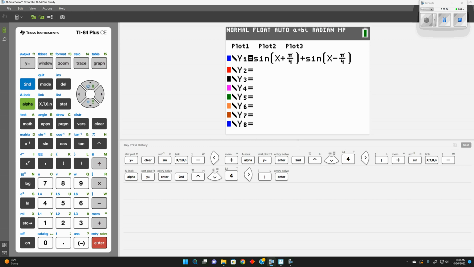So I'm going to show you this here, and then I'll show you the other way we can type it in. Negative 1, because that was on the other side of the equation, yes?